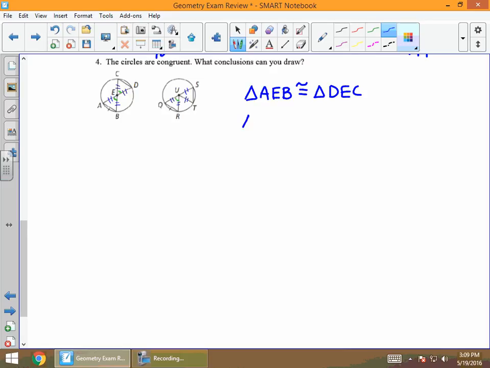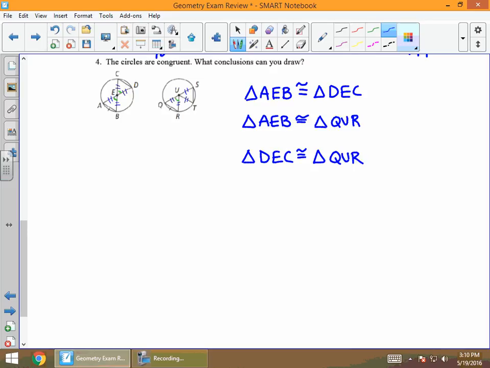I know that triangle AEB is congruent to triangle QUR by side angle side. And then by the transitive property, if the same triangle is congruent to two different triangles, then they would be congruent to one another. So triangle DEC would be congruent to triangle QUR, by the transitive property or by side angle side.